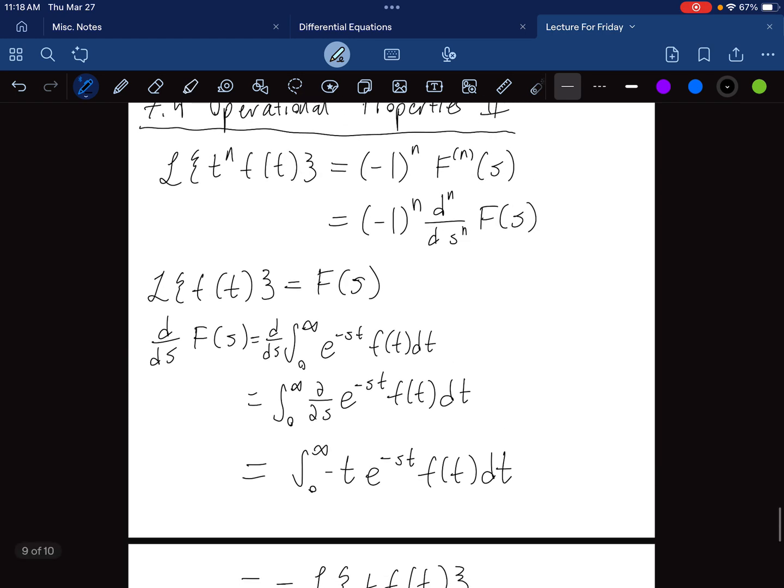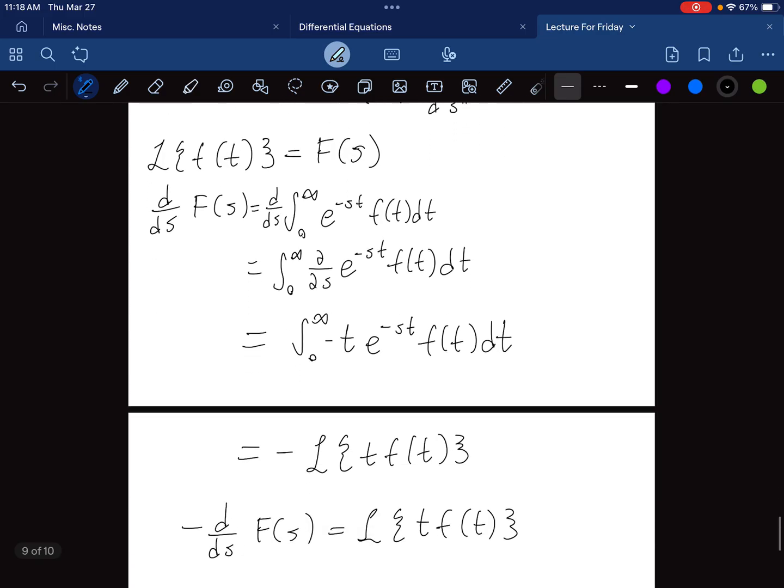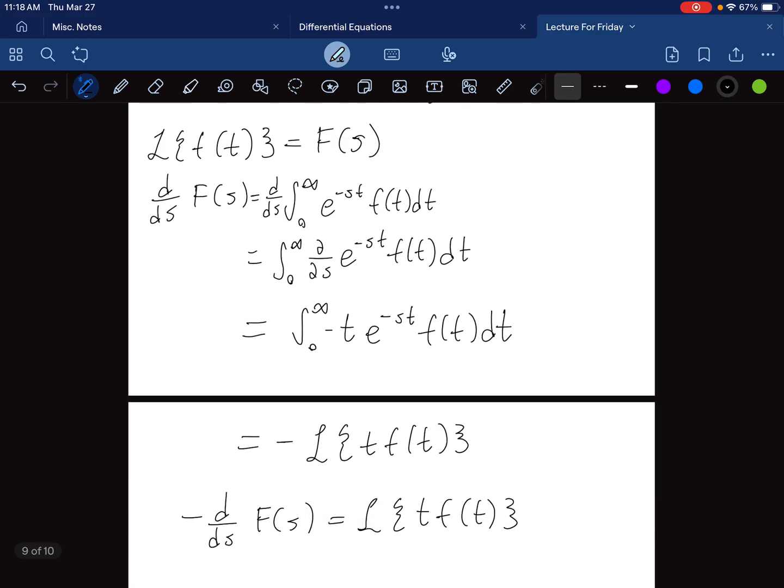And so continuing this process right here on the screen with t times f of t, sorry, let me restate that.